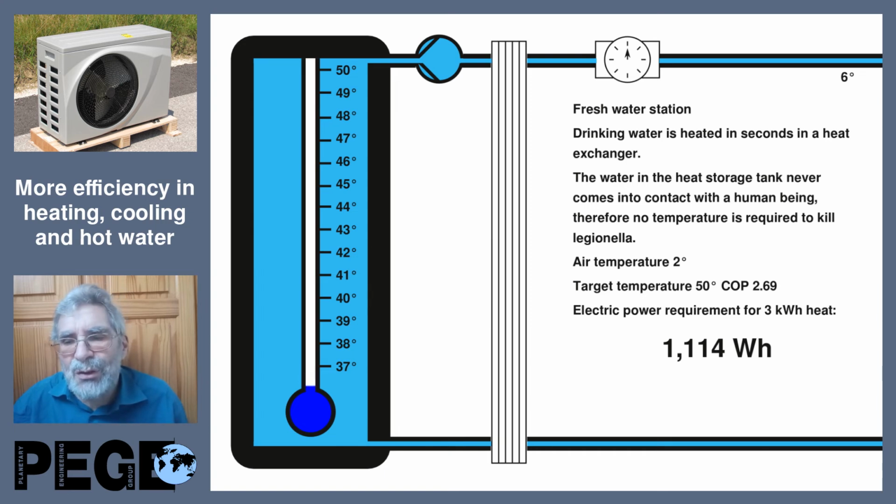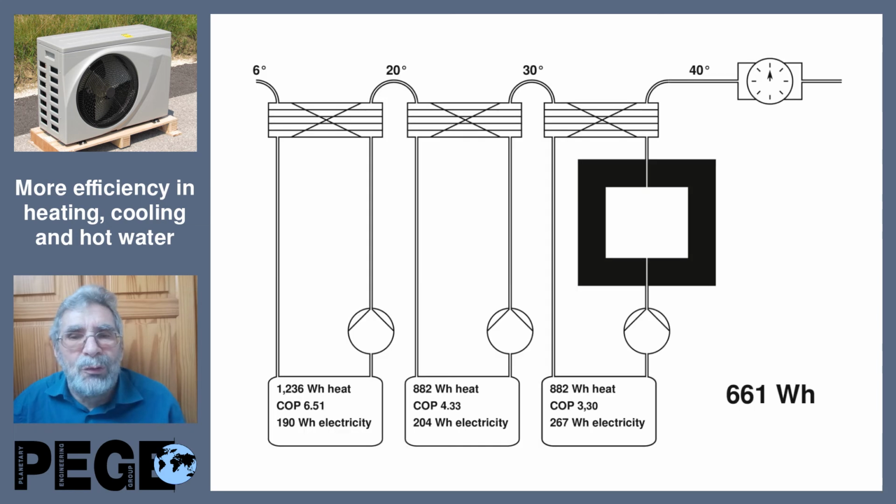This is a disadvantage of this system. To overcome all these problems with domestic hot water, we applied for another patent. Here we have 3 plate heat exchangers, 3 water pumps, and 3 heat pumps, and a very small but very high isolated water storage.